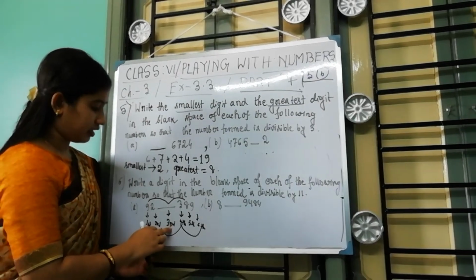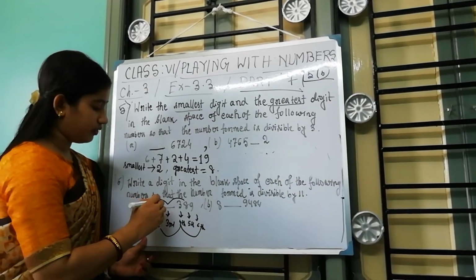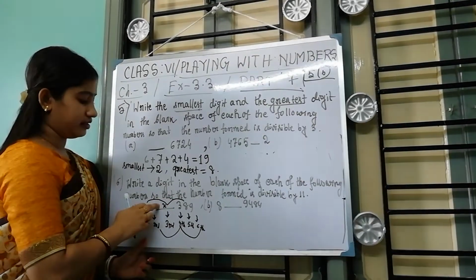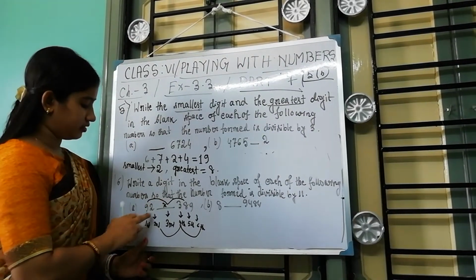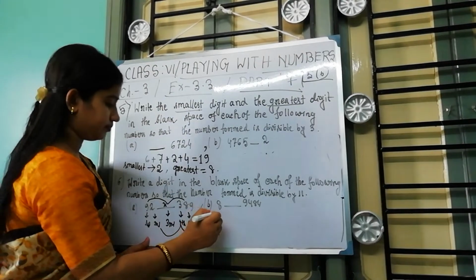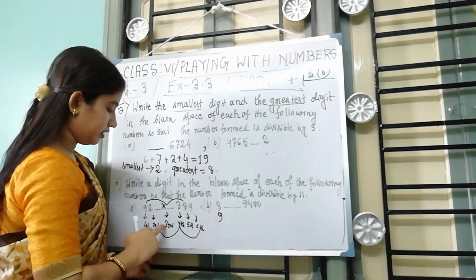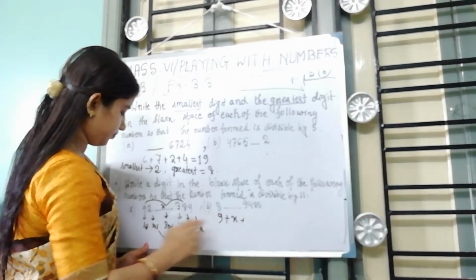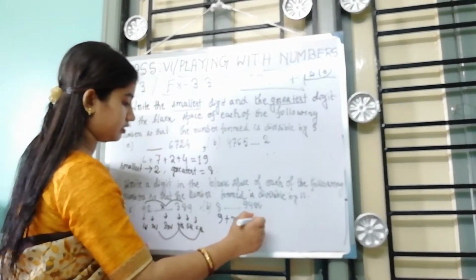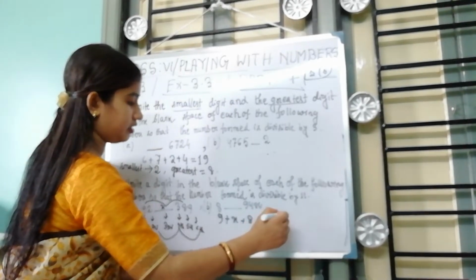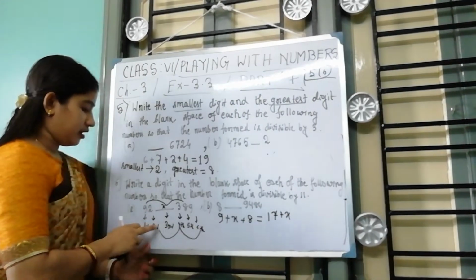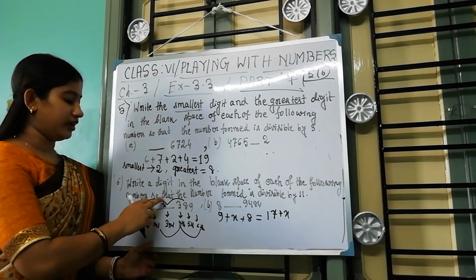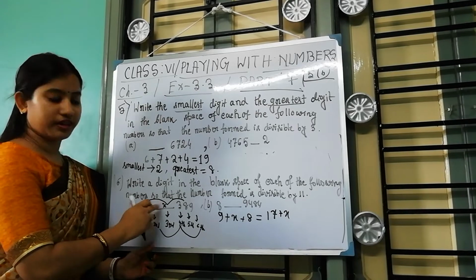First, third, fifth. Now we let this digit in these places be x. So find the sum: first digit 9, third digit we let be x, plus fifth digit 8. So this equals 17 plus x. Here x is any number from 0 to 9.